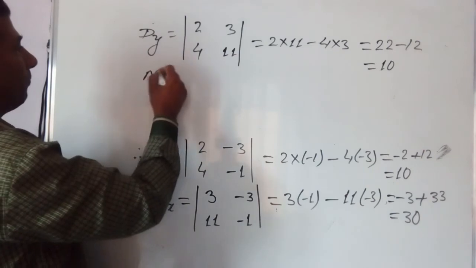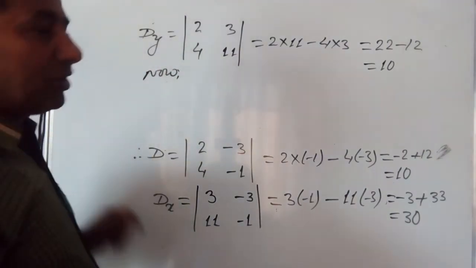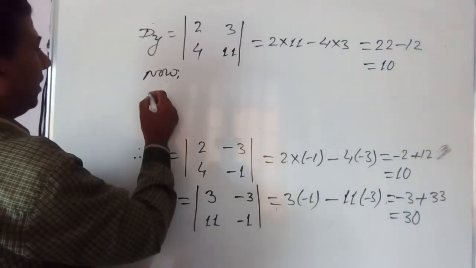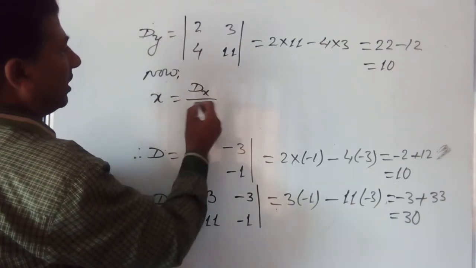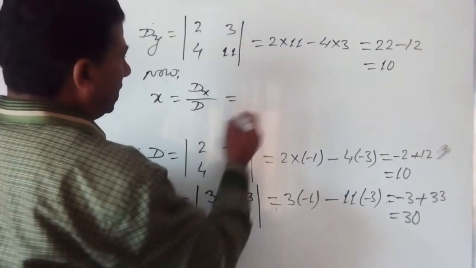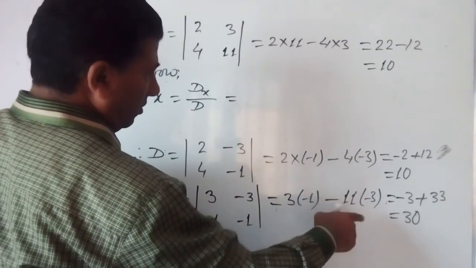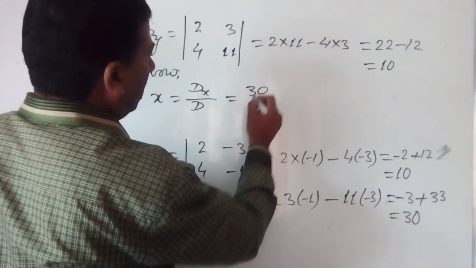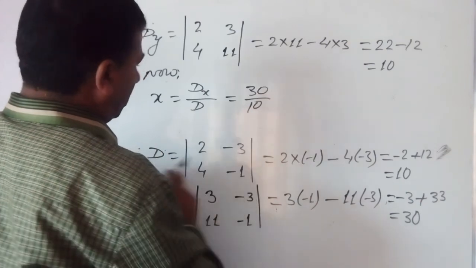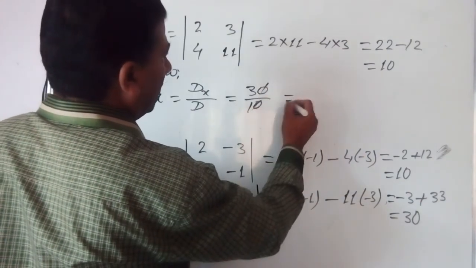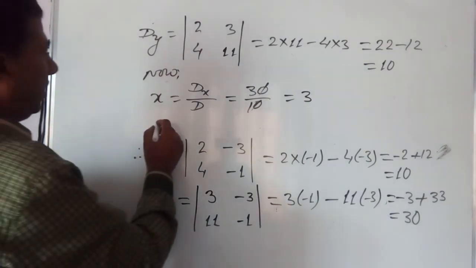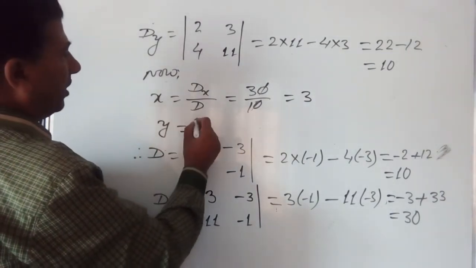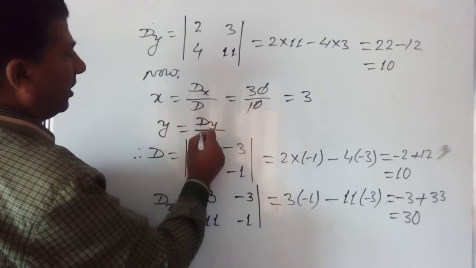Now using Cramer's rule, x equals determinant of x by d. dx is 30, so 30 by 10, the value of d is 10. This cancels, and we found the value of x, that is 3. Similarly for y, determinant of y by d.